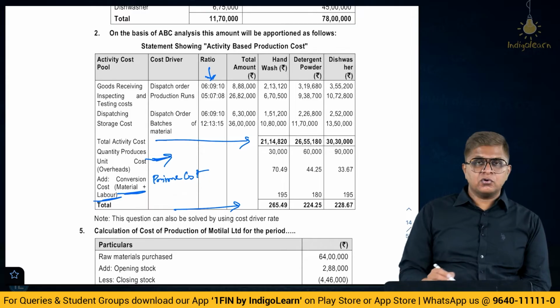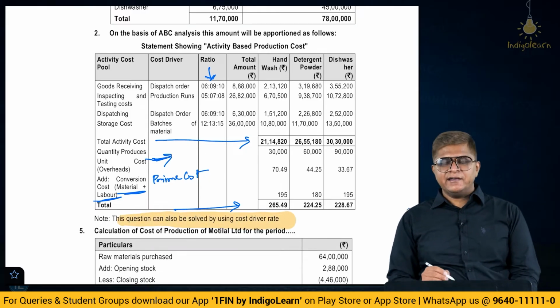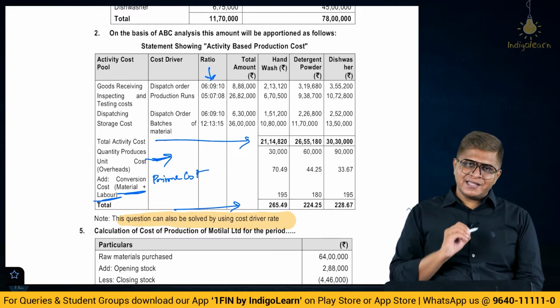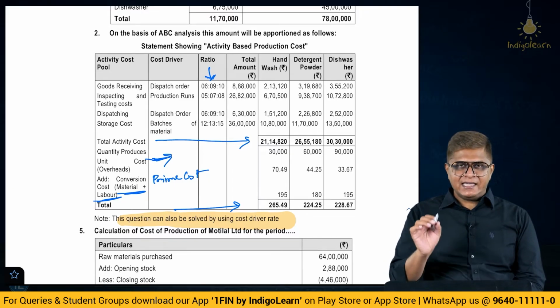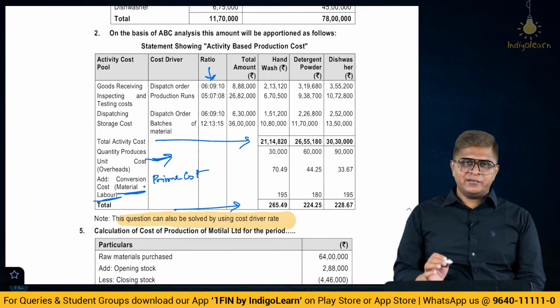And then they have given a note which says this question can also be solved using the cost driver rate, which is the method that we keep using, and based on that also if you do, you are going to get the exact same answer. So again I would rate this question's difficulty as easy, and it is a very straightforward question from activity based costing.